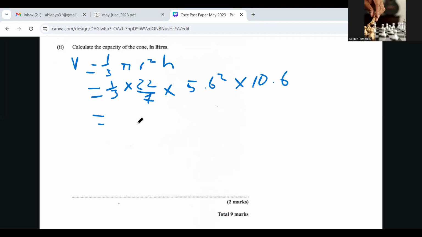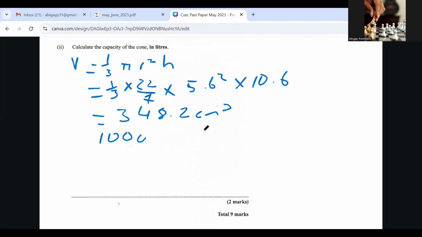All right, so that would be 348.2 centimeter cube. So we found the capacity in liters.